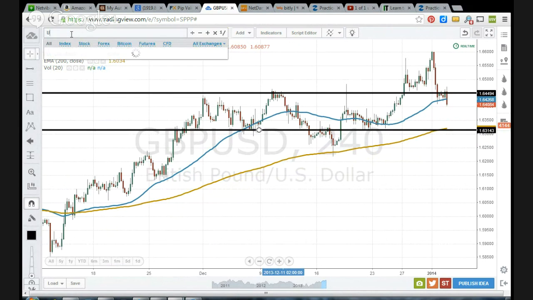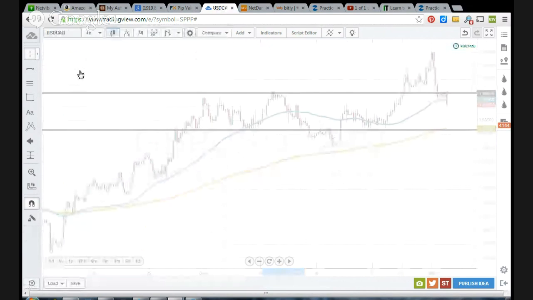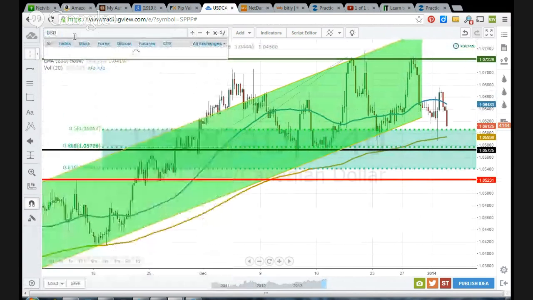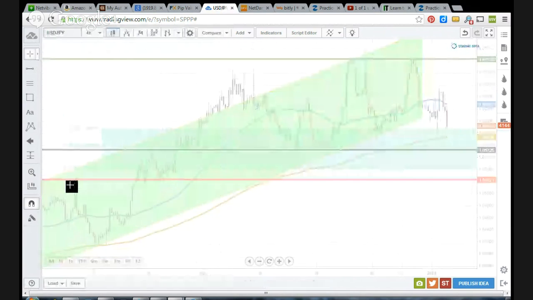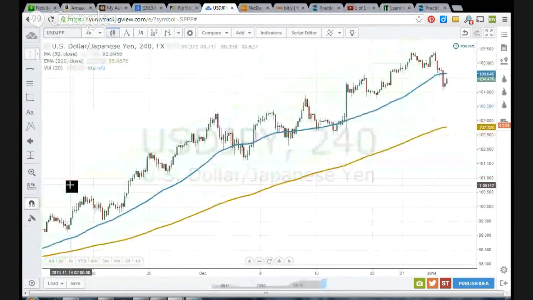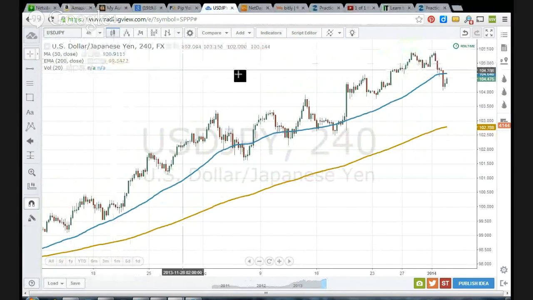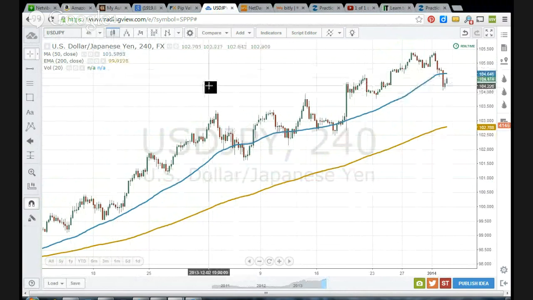Okay, USD. Oh, we looked at this. USD JPY. Okay, and this particular one, even though we're below the 50 moving average, we're close enough where I'm still interested in it.